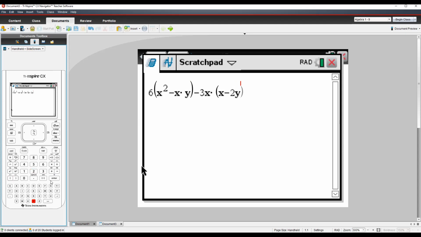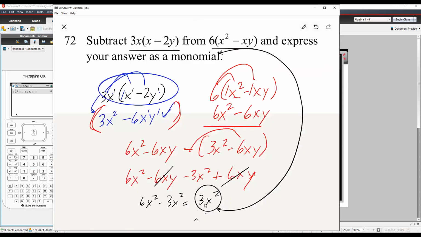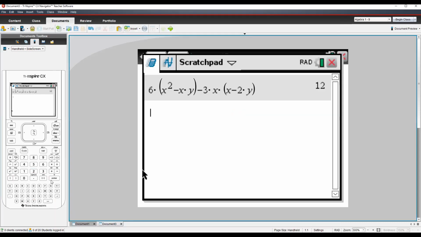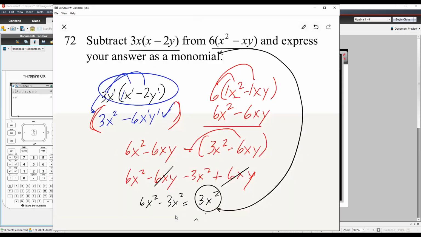And then I press enter and I get 12. Now, the answer that I got when I simplified everything, I got 3x squared. 3x squared should be equal to 12, and it is. So now I know that these two expressions are equivalent. They are equivalent, and I can feel comfortable with my answer because I checked it.